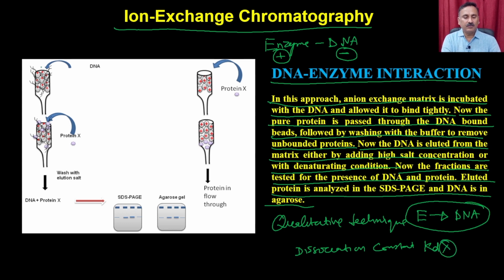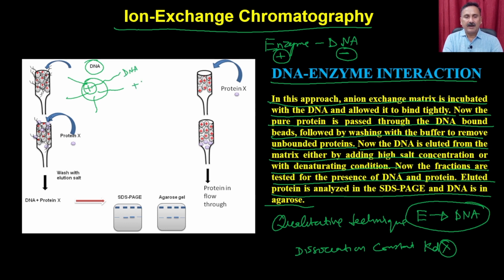So what you are going to do is take the anion exchange matrix into a column and then pass the DNA through. When you pass the DNA through, the bead is going to have the DNA molecule bound, right? Because the bead is positively charged, it binds the DNA molecule. So these are the DNA molecules, right?